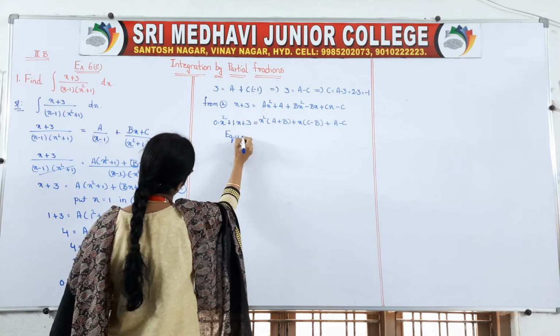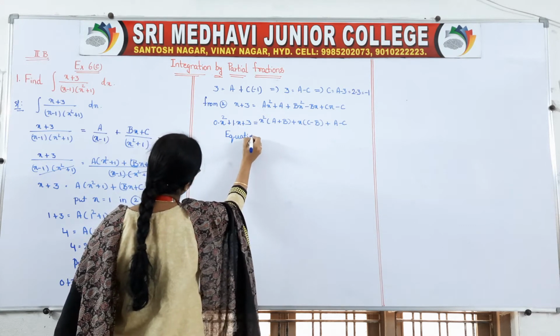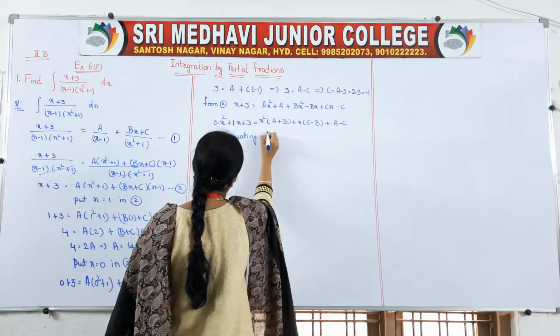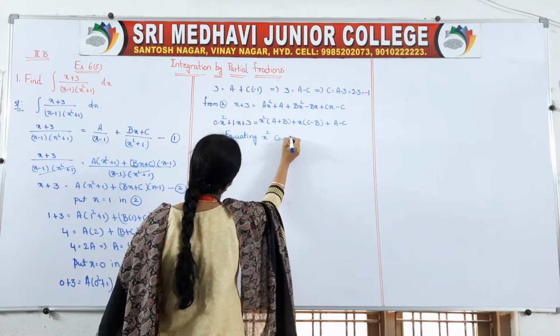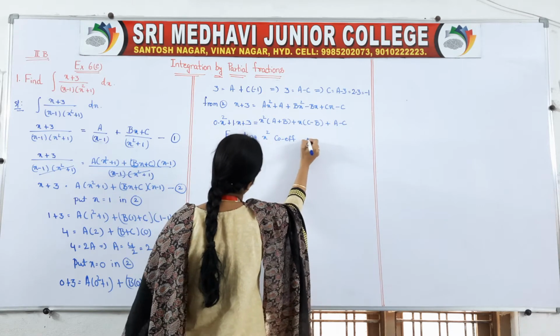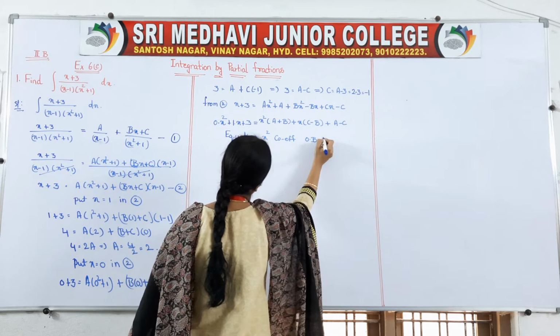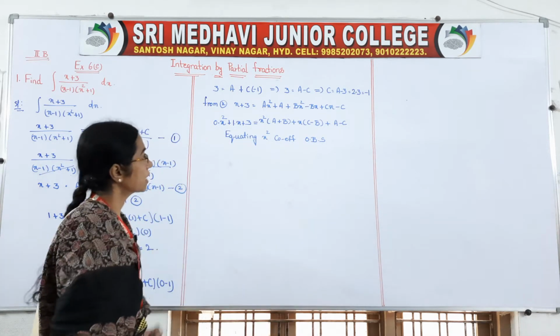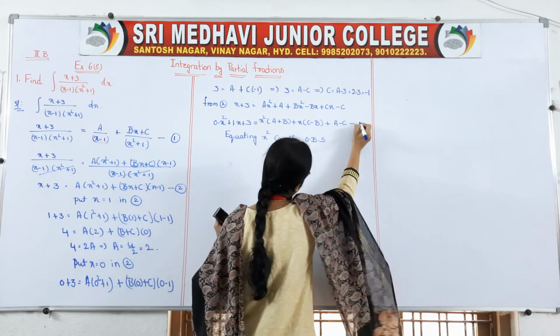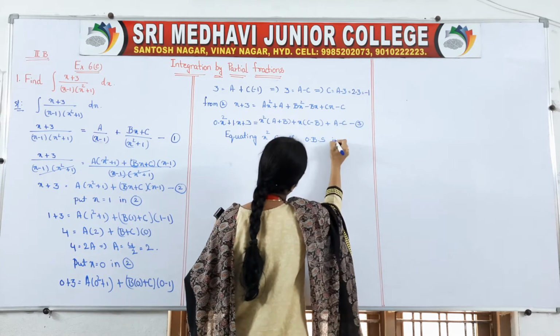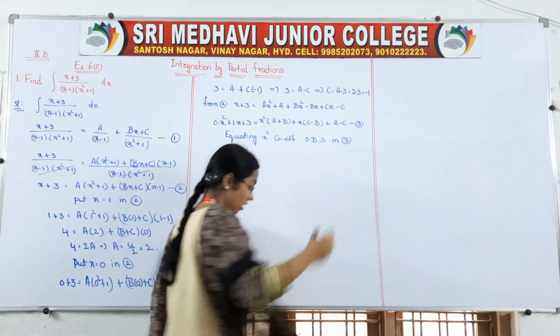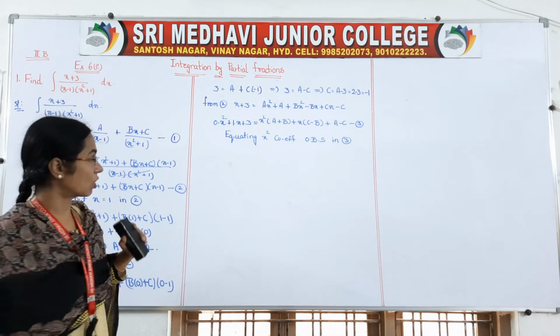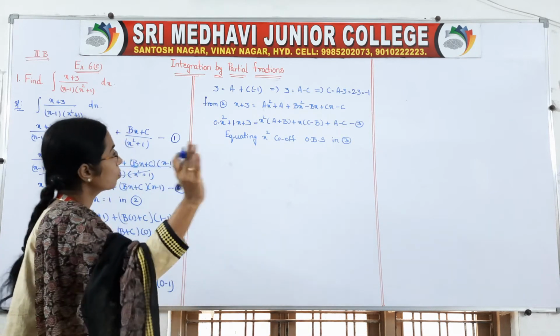x square coefficients, isn't it? Equating x square coefficients on both sides. You give this as the third equation, equation 3. We equated the coefficients of x square on both sides.